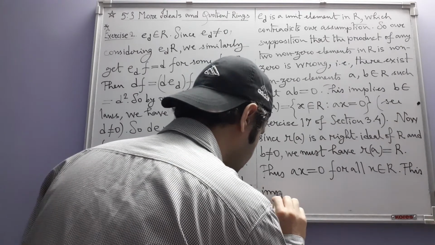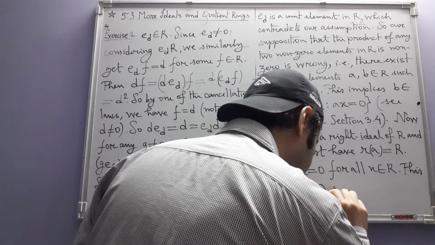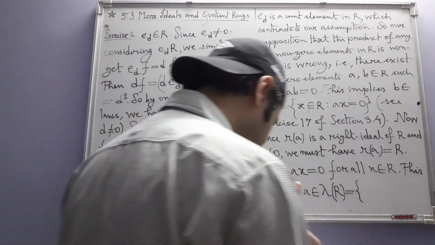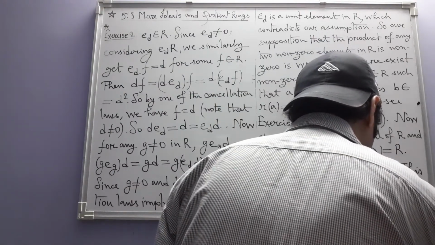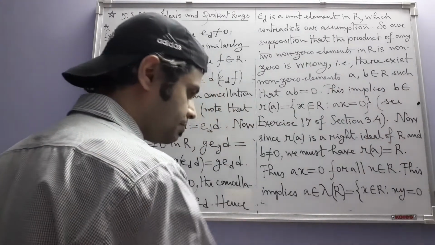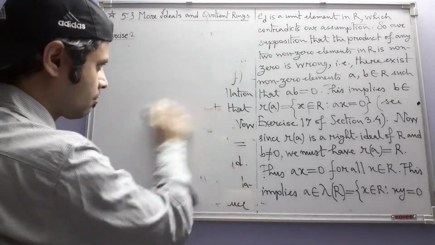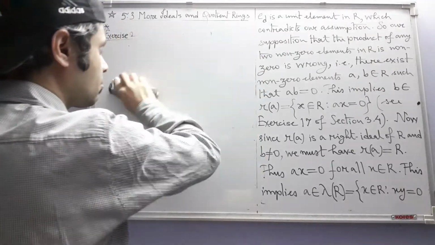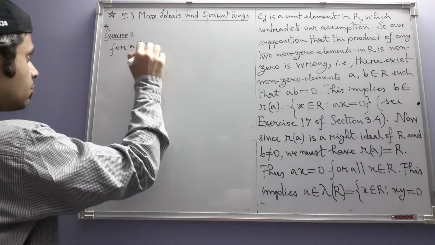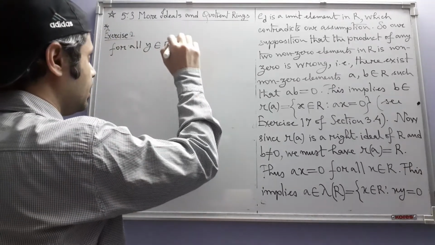This implies that A belongs to lambda of R, which is the set of those elements x in R such that xy is equal to 0 for all y belonging to R. And in this regard, see exercise 18.